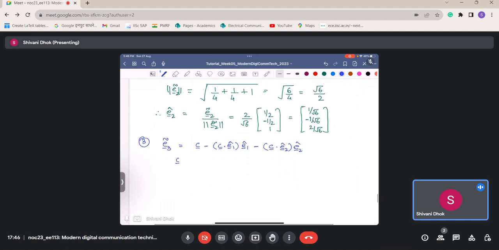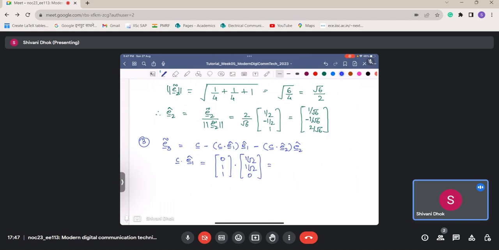So the c inner product with e1 hat is equal to, this c is simply (0, 1, 1) dot product with (1 by root 2, 1 by root 2, 0).